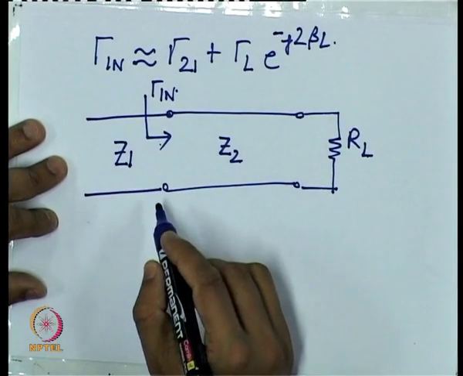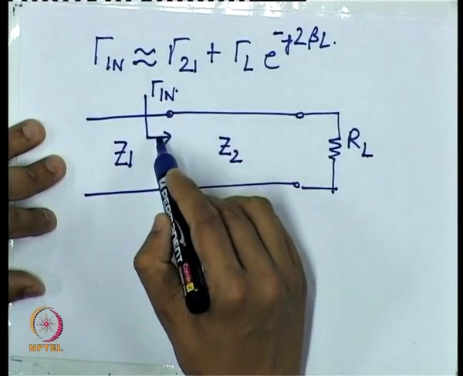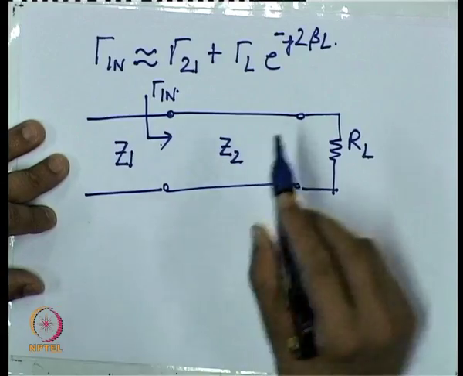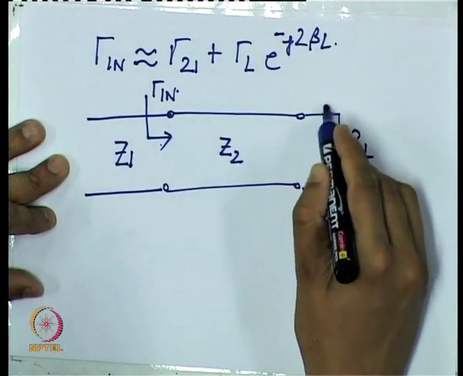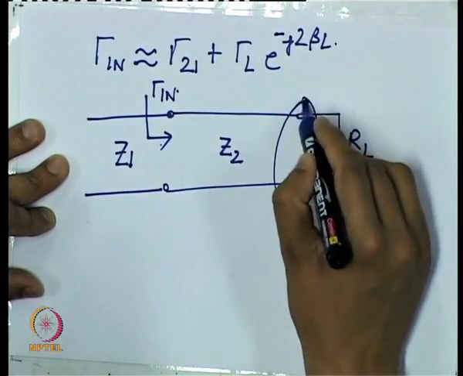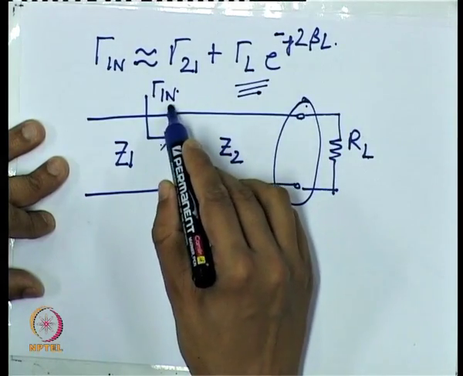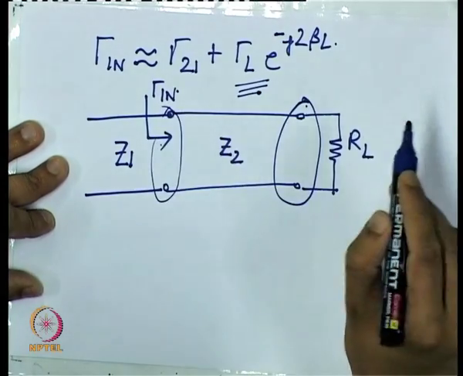What it means is that gamma in is the sum of two reflections. One is the reflection that takes place at this junction, which is accounted for by this term, and the other is the mismatch that is happening at this junction.